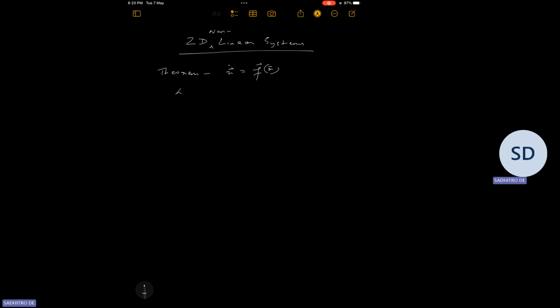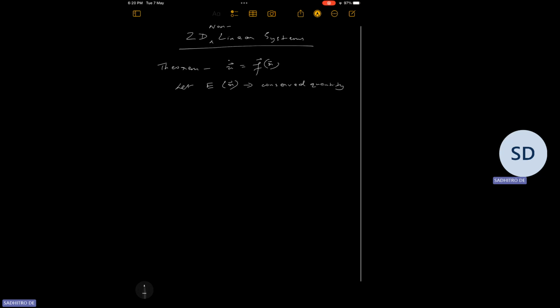Now let there be a quantity which can be defined as E of x. So this is a conserved quantity. We had seen that by a conserved quantity, we mean that this quantity does not change along the trajectories.